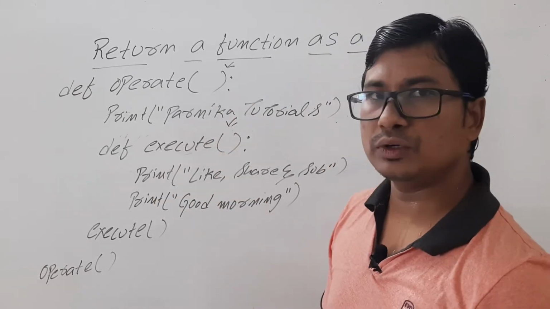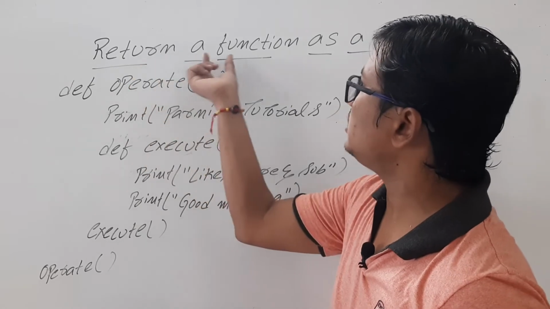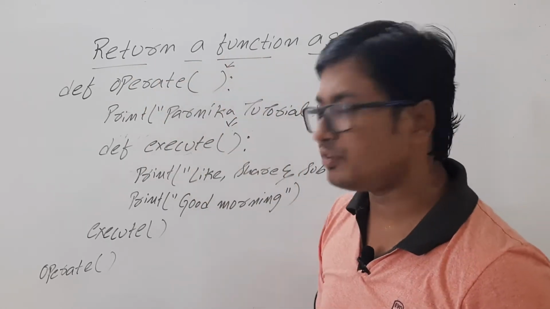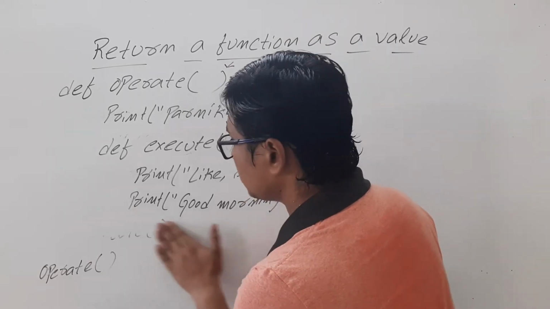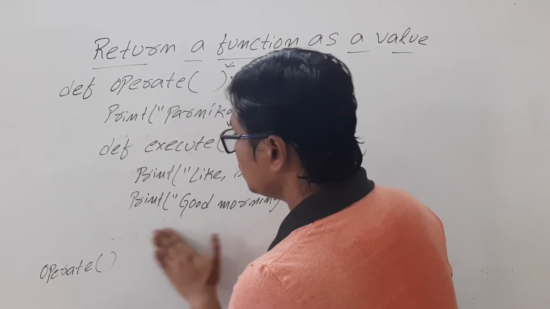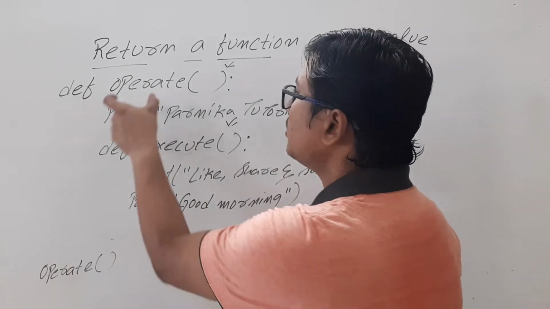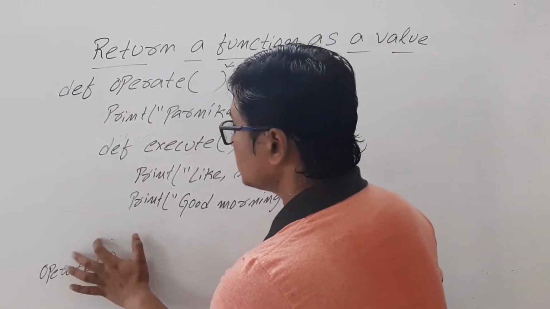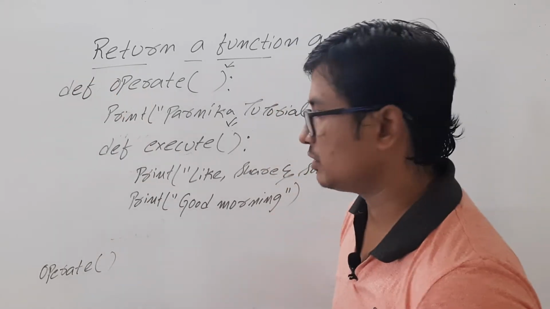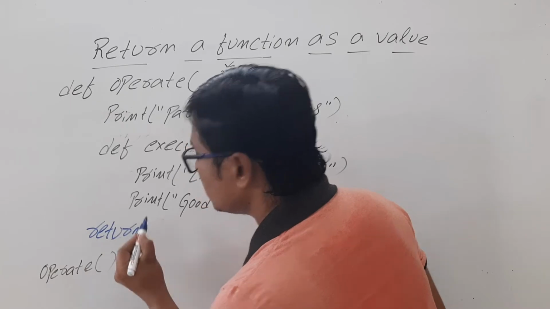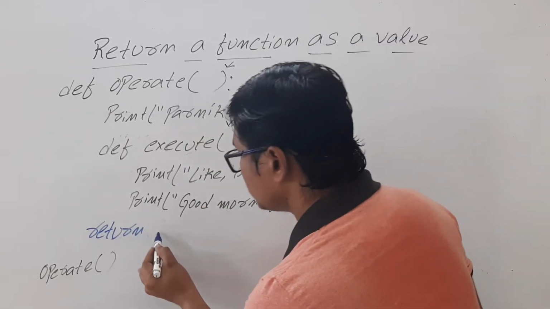Now what I want to do here is, a function returns a value, but instead of a value I want to return a function. So instead of this statement, I want to return this execute function by the operate function, because this return statement belongs to operate. So the operate function is returning a function called execute.